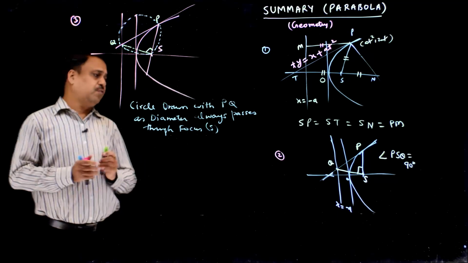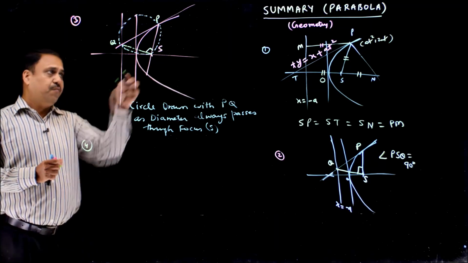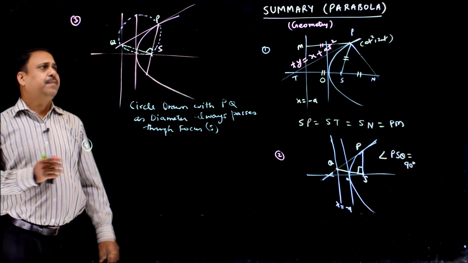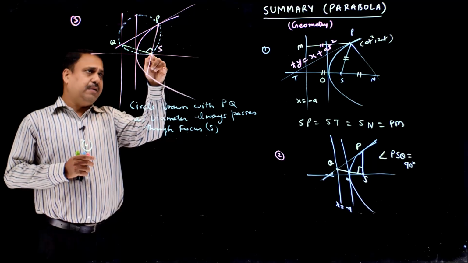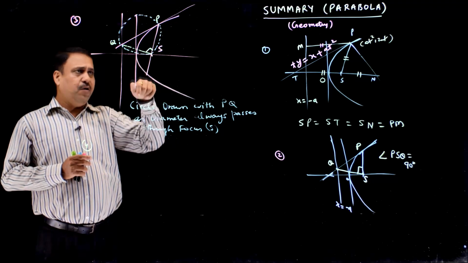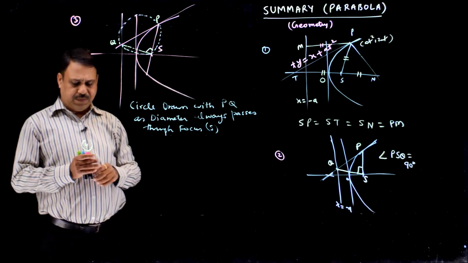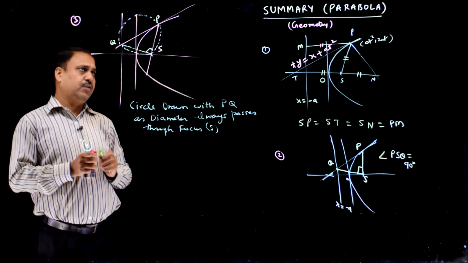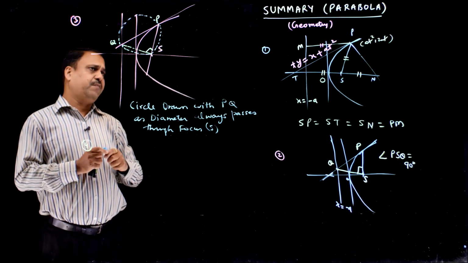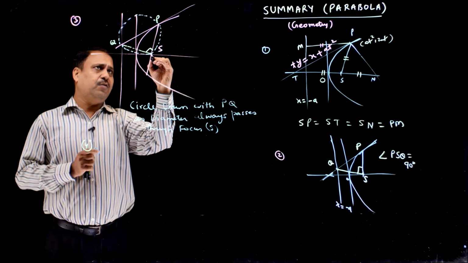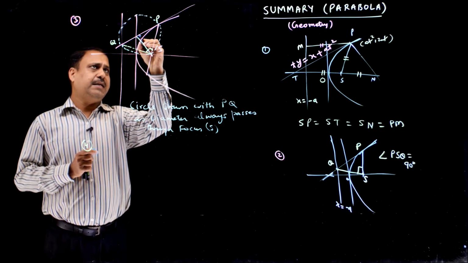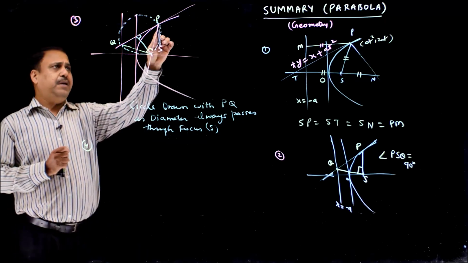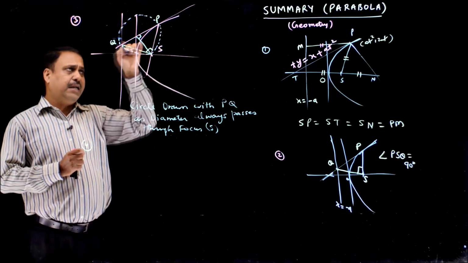Now the fourth property. Basically, if from the focus I drop a perpendicular on this tangent, this is 90 degrees, then it will meet the tangent at P at the point where the tangent at the vertex intersects.